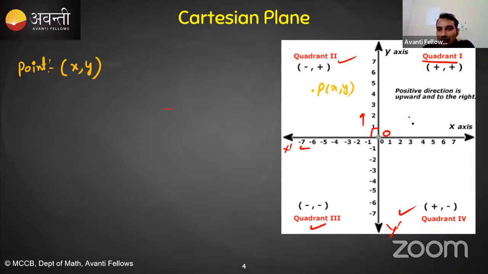Let's say x is 3, y is 2, and let's call this point Q. How will I represent Q? 3 comma 2, right? So this is how we represent points in a Cartesian plane: circular bracket, first write the x coordinate and then the y coordinate. Clear?